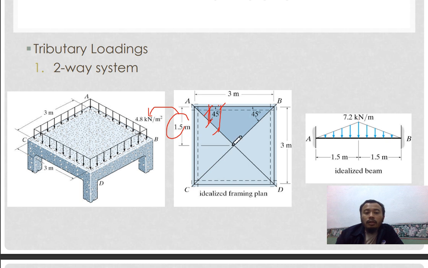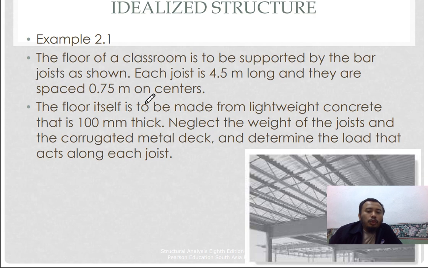So this one is 1.5, and then it's reduced up to 0. So they have 0 loading at A and 0 loading at B, and the peak at the mid-section. So that's the whole concept on idealizing a structure.